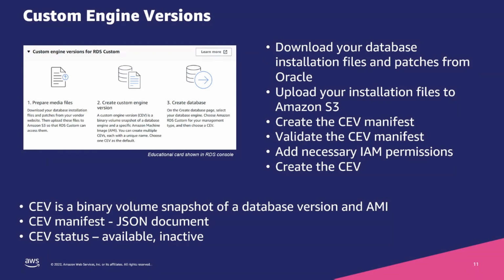You can also put the CEV into an inactive state. And when it is in the inactive state, it means you cannot create or upgrade a custom instance with this CEV. So if you have some older versions of CEVs, which you don't want others in the team to spin up instances using, then you can basically make that inactive.